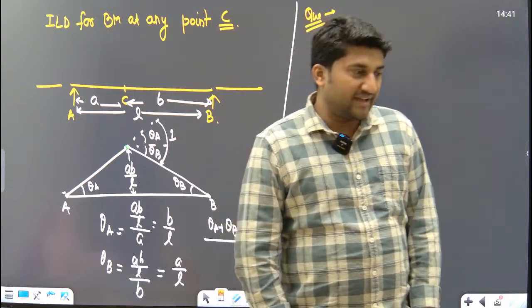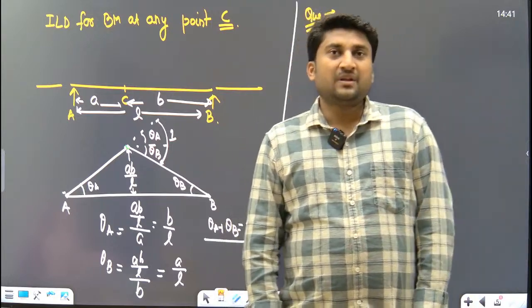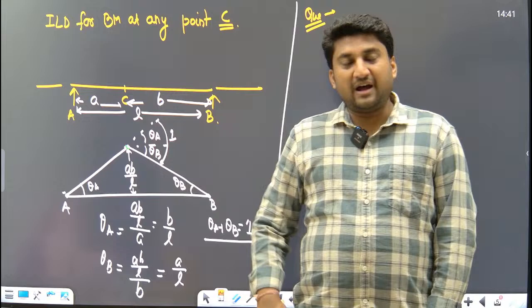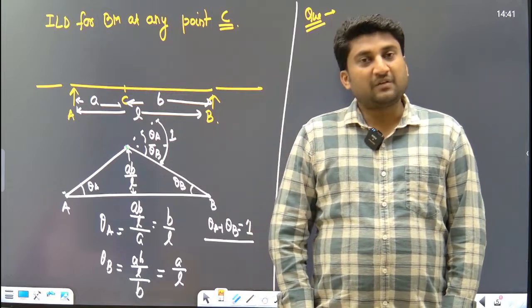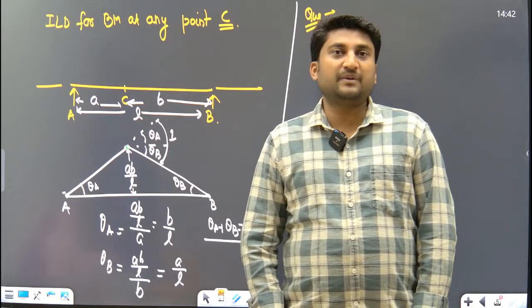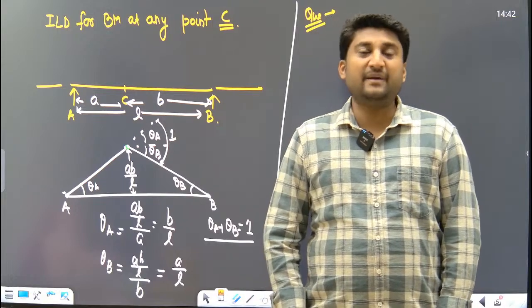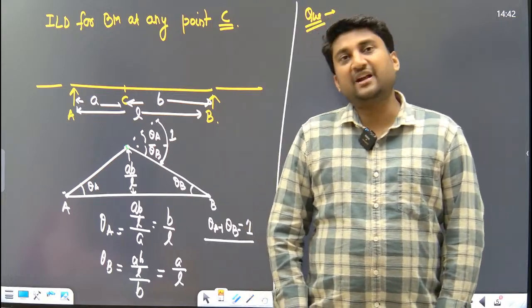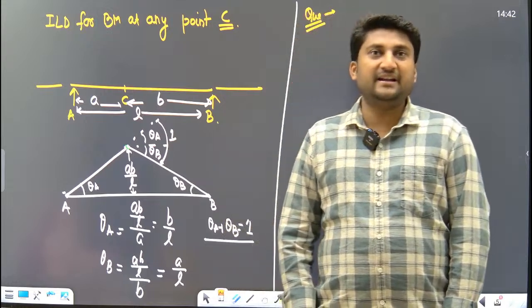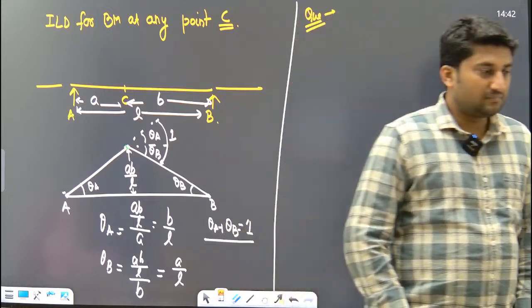Clear everyone? So today is just a revision class. Most probably tomorrow we will look at the influence line diagram for cantilever beam as well as for truss. That will finish your ILD concept. Understood?